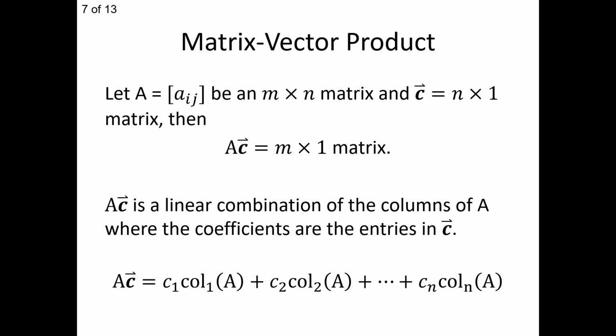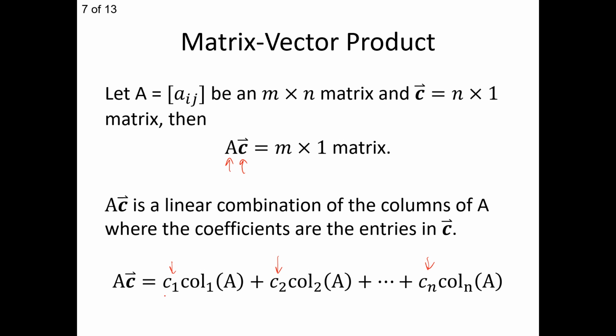What we can do with matrix vector products is form a linear combination out of this product. Notice that we have A multiplied by our n vector C, and since we produce this m by 1 matrix, we can form a linear combination. How that works is we take the elements out of our n vector C and make those the coefficients of our linear combination.